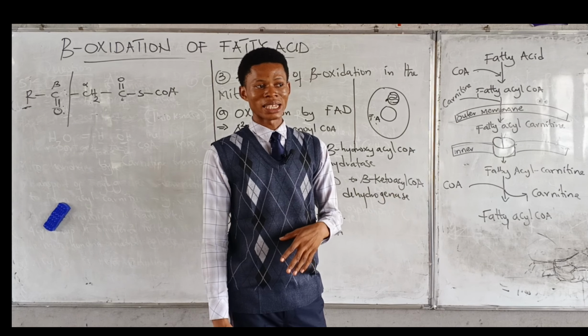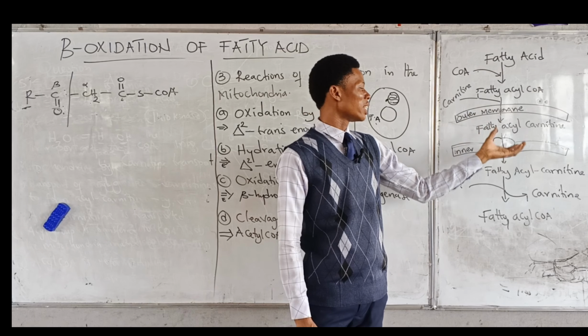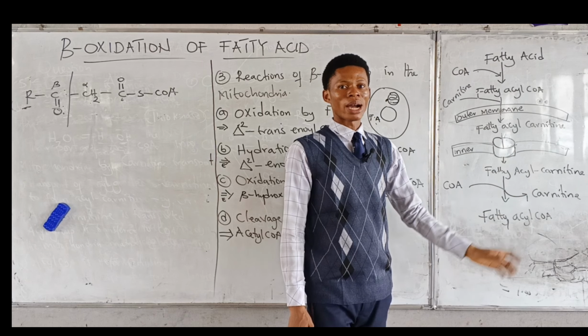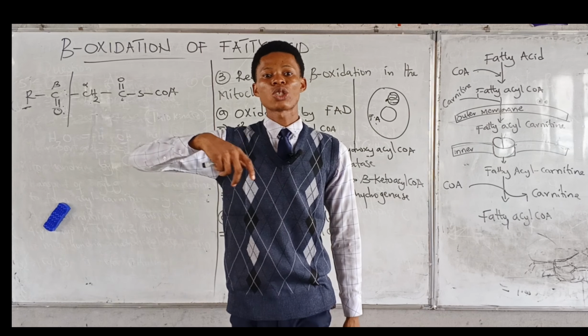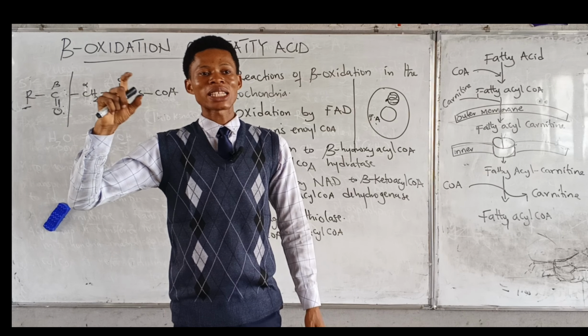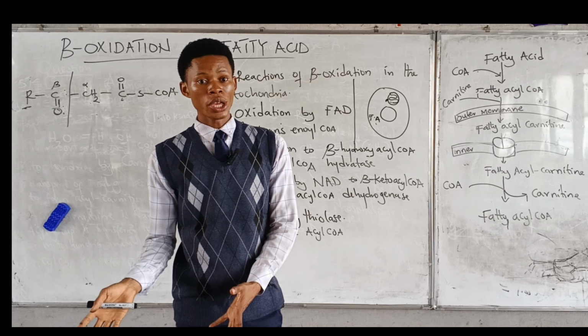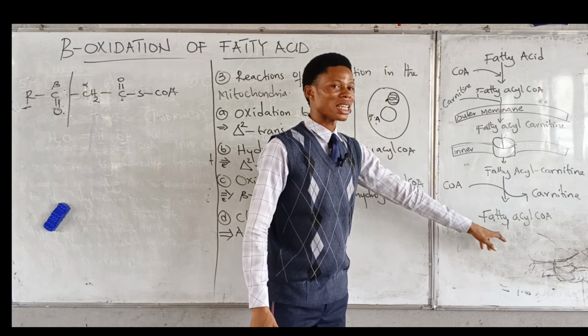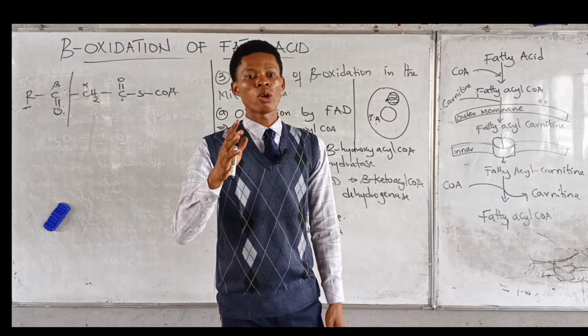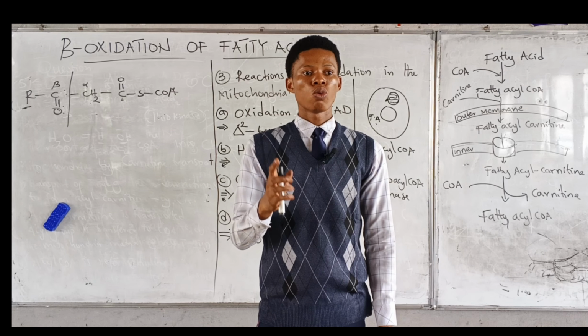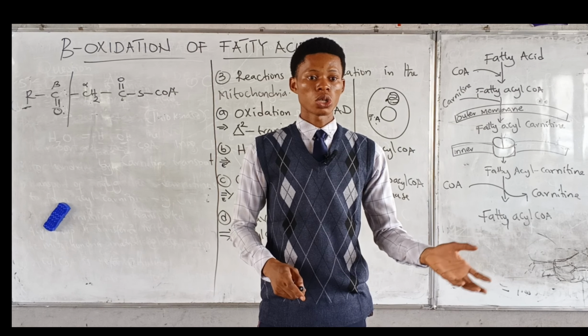Fatty acid carnitine. The fatty acid carnitine now gets into the mitochondria and the carnitine is released back. Then the fatty acid group combines with CoA to form fatty acid-CoA. Now once we get our fatty acid-CoA, it will undergo the last stage, which is the reactions of beta oxidation.